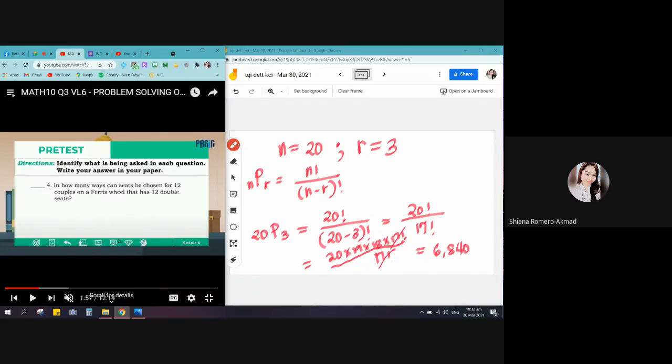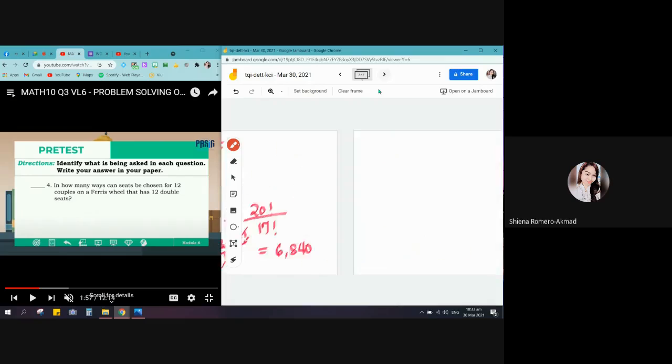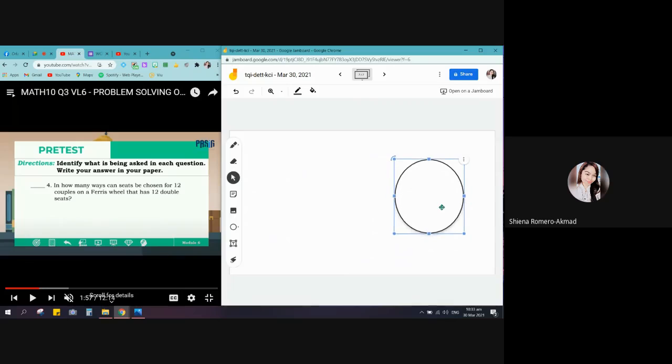In how many ways can seats be chosen for 12 couples on a Ferris wheel that has double seats? So ito naman, drawing muna natin. Pag dinrawing natin yan, meron tayo ditong Ferris wheel. So siguro pag ganyan yung itsura niya.